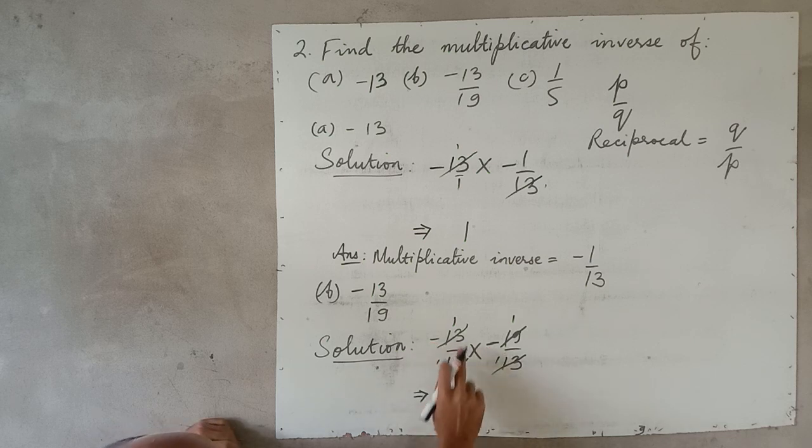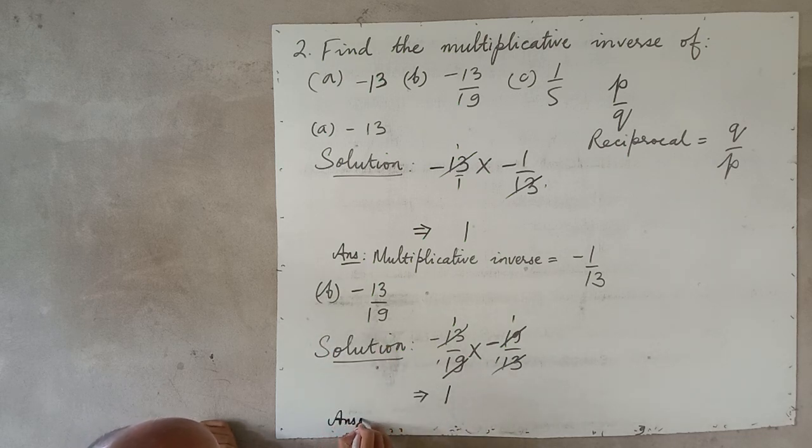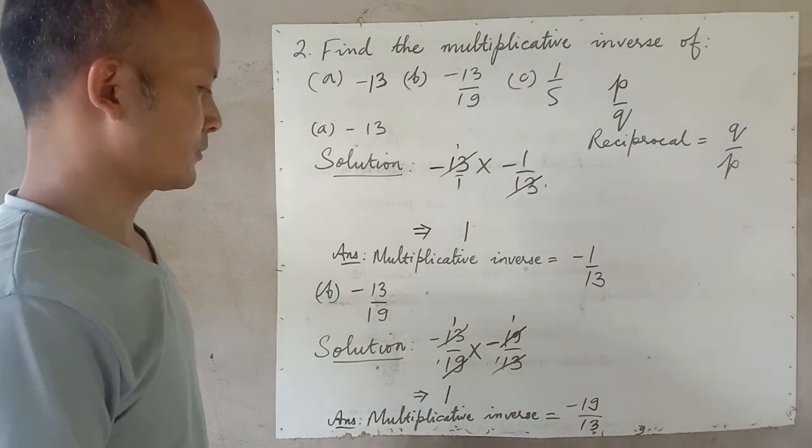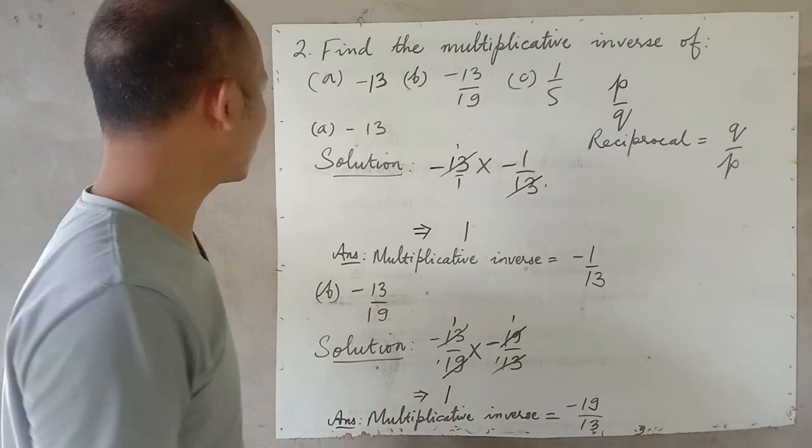No need to write it here. 1, 1 is 1. 1 multiplied by 1 is 1. So their product becomes 1. Now your answer: multiplicative inverse equals, this is the number we need, minus 19 by 13. So this is the B.